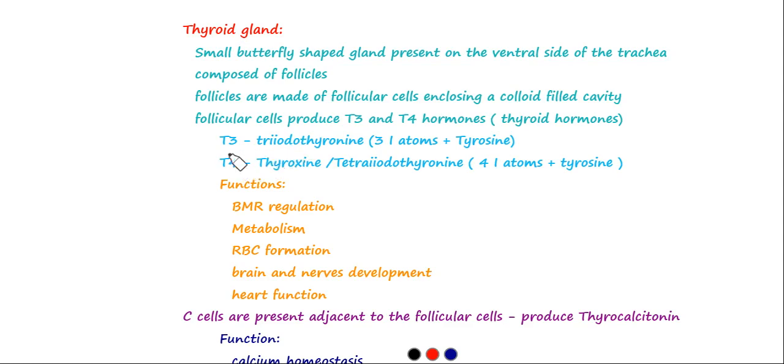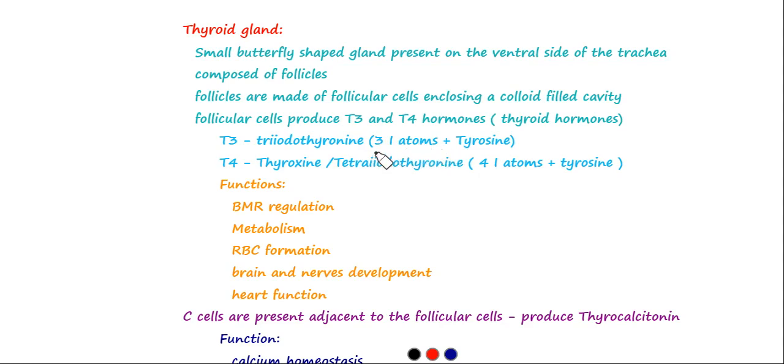T3 and T4 names are actually given on the basis of the number of iodine atoms. So the full form of the T3 hormone is triiodothyronine hormone. Here there is a molecule of an amino acid, which is the basic structure of the hormone.